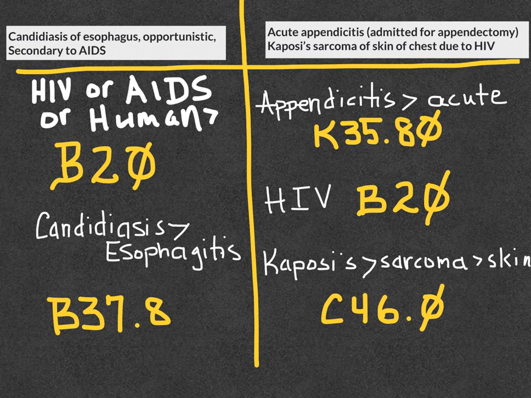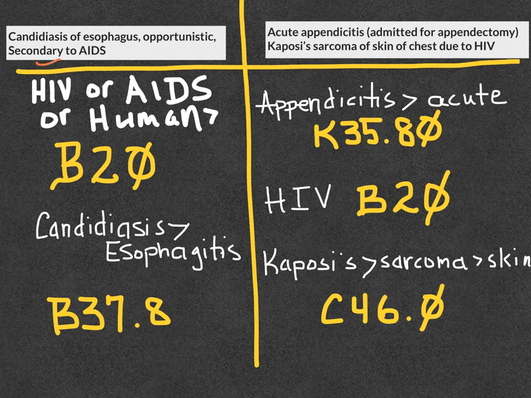Now let's go ahead and take a look at 2 different HIV-related diagnoses to note how the treatment will affect sequencing when it comes to use of that B20 code for HIV and AIDS. So our first example here, I'm in exercise 14.2.